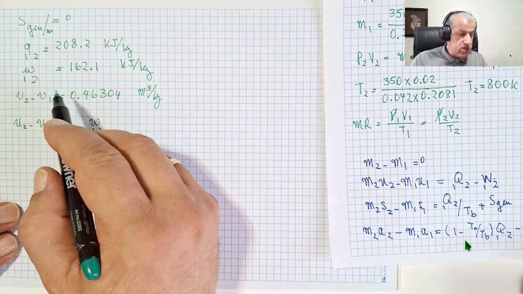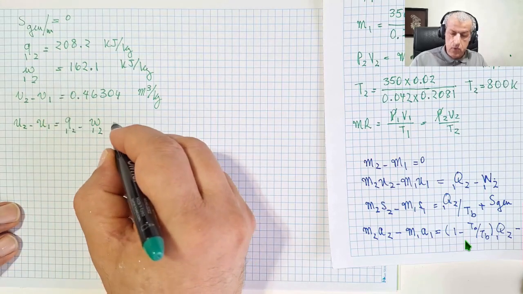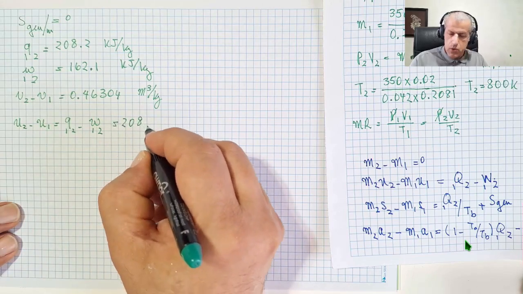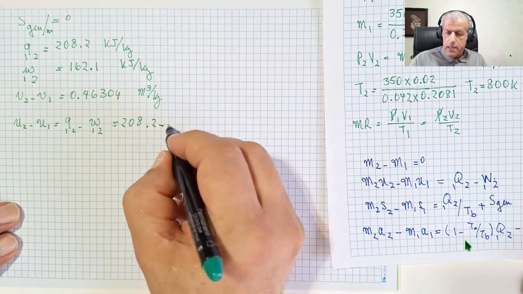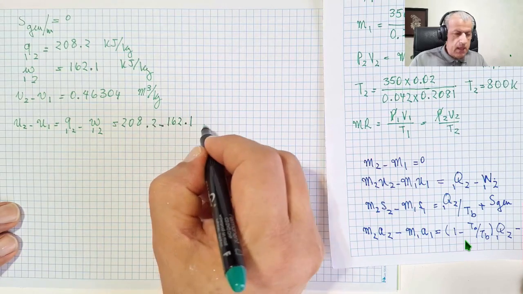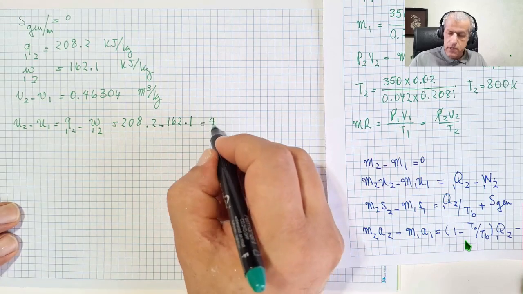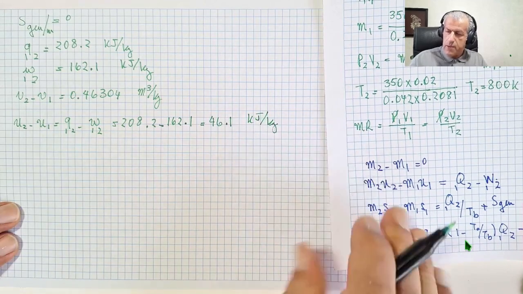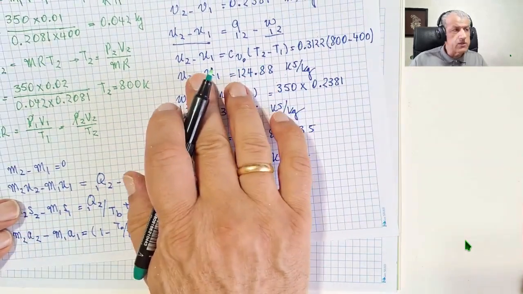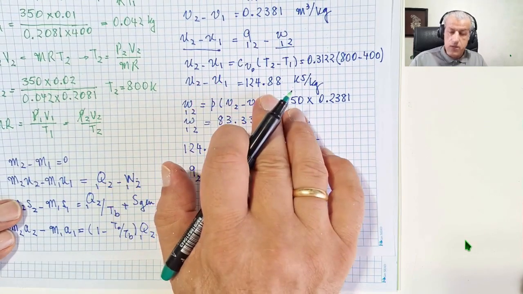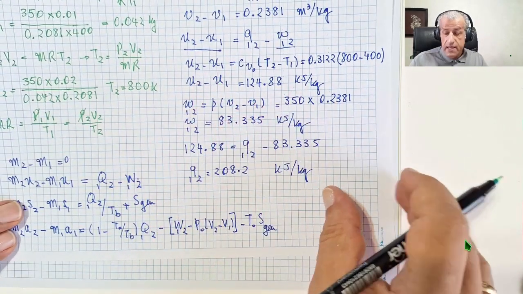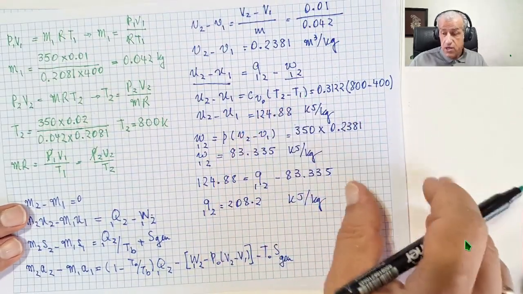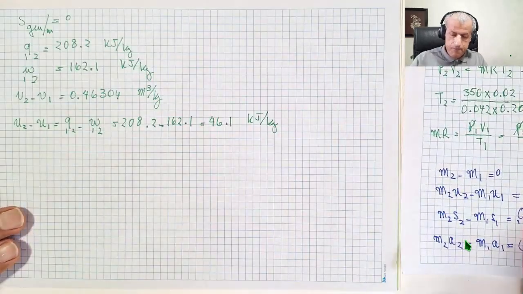The other property change that we could calculate is U2 minus U1 equals Q12 minus W12, where the values have changed, and therefore this equals 208.2 minus 162.1, and that equals 46.1 kilojoule per kilogram. Previously, our U2 minus U1 was 124.88. Now that hasn't happened, and therefore the final temperature won't be the same.